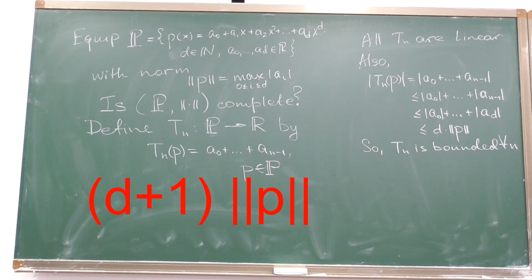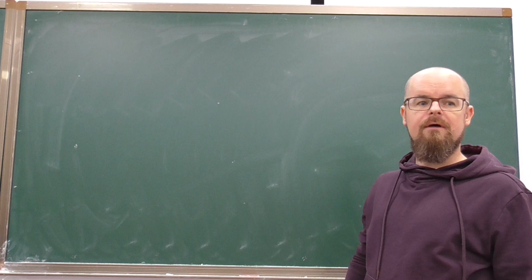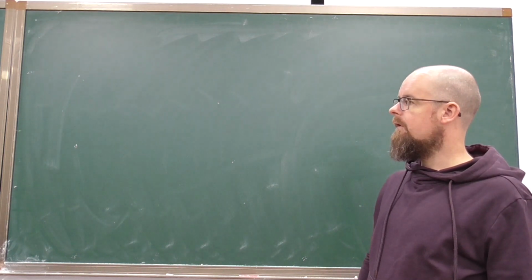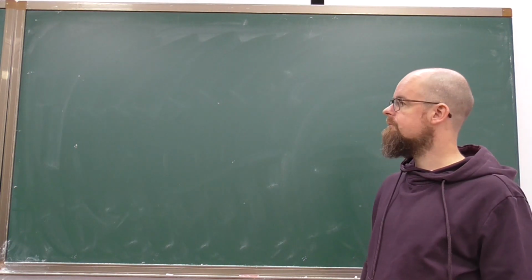By the way, I not only showed that Tn is bounded, I proved that the sequence Tn of p is pointwise bounded. Let us estimate the norm of the operator Tn.